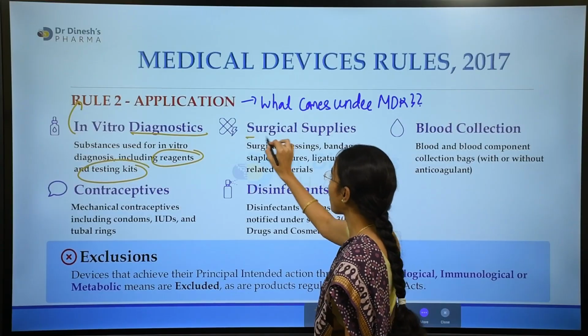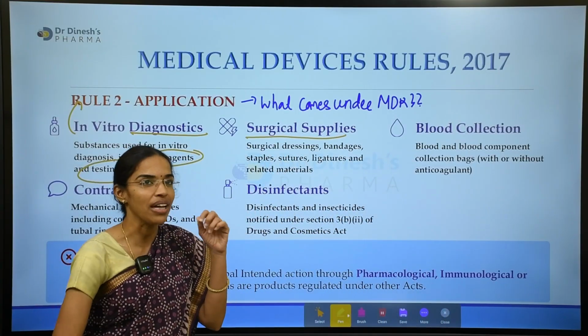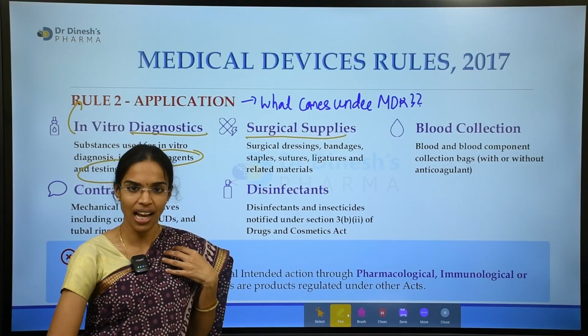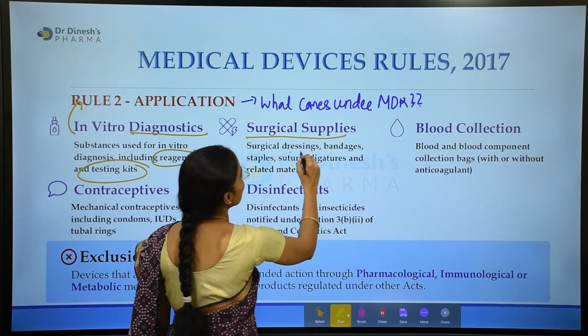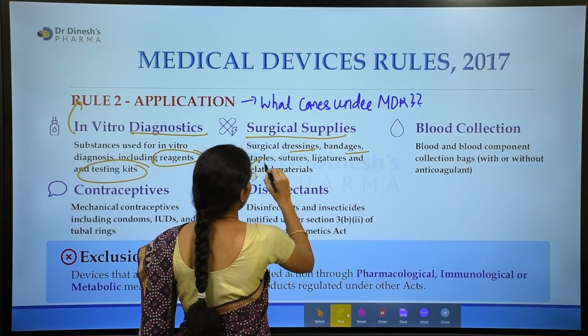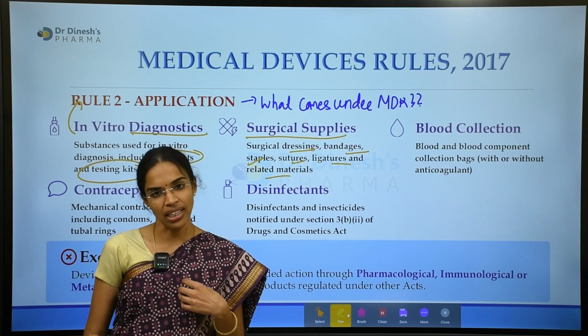Okay, and the second part is the surgical supplies. What all do we have under surgical supplies? We have the surgical dressings, bandages, staples, sutures, ligatures, and their related materials.